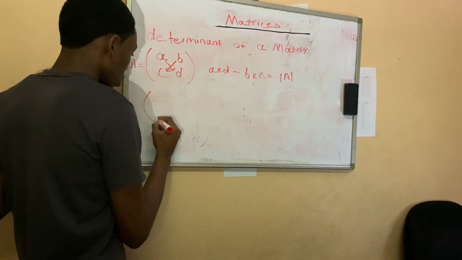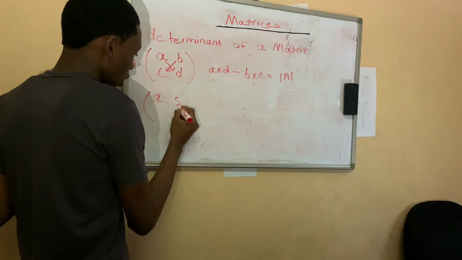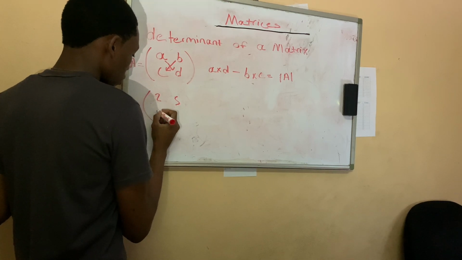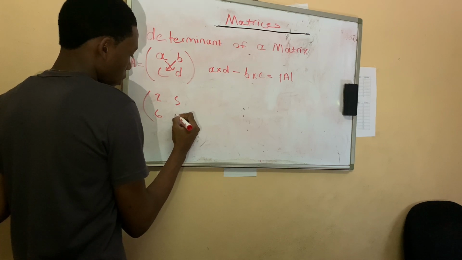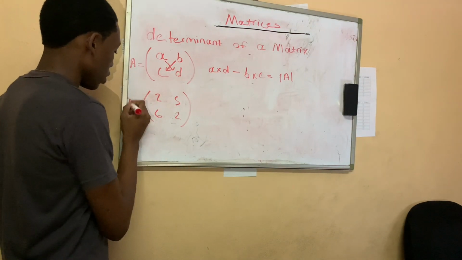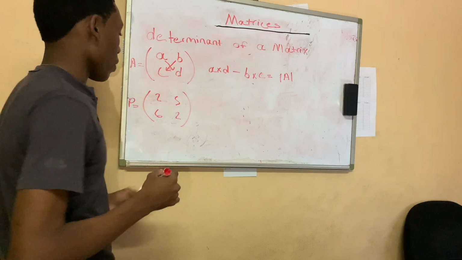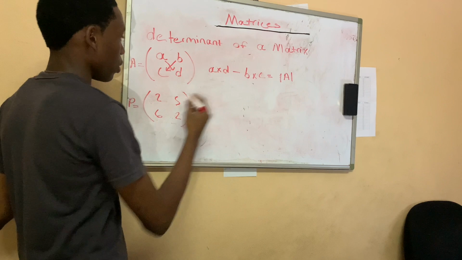We have a matrix that is 2, 5, 6, and 2 again, right? And they said this is matrix P, and they said find the determinant of matrix P. We are going to do the same formula as what we did up here.